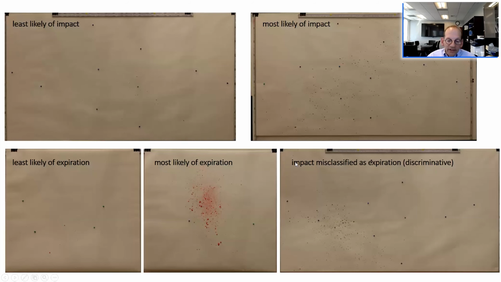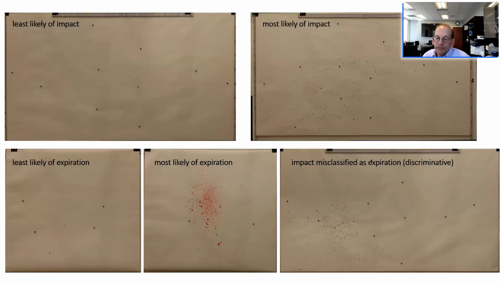And the last slide I have is this one, which shows you, if you're computing likelihoods, the top two pictures are both impact, but the top one says, and there aren't many stains there, it's not all that likely to be impact. The bottom one, it's much more confident it is impact. And then you can see on the bottom, expiration. Again, the number of stains matters a lot.